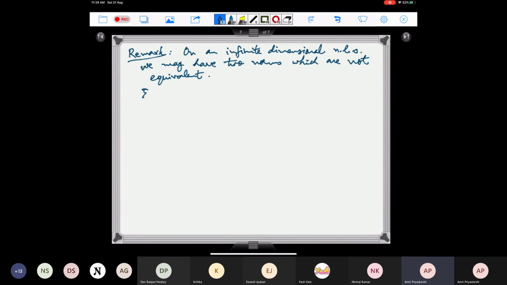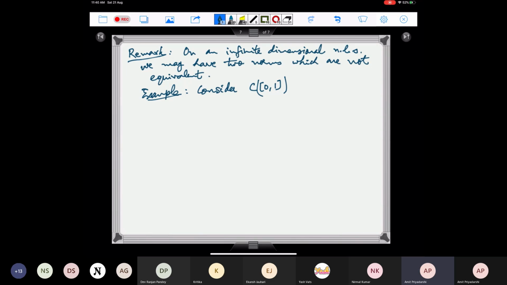So let's look at an example. Consider C[0,1]. C[0,1] means all continuous scalar valued functions on the closed interval [0,1].